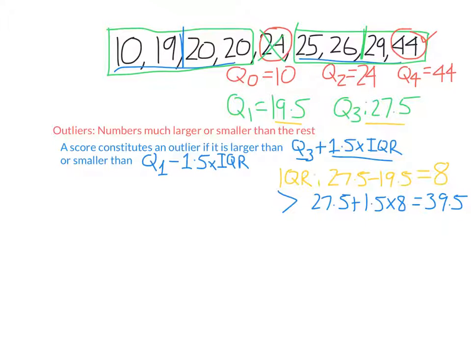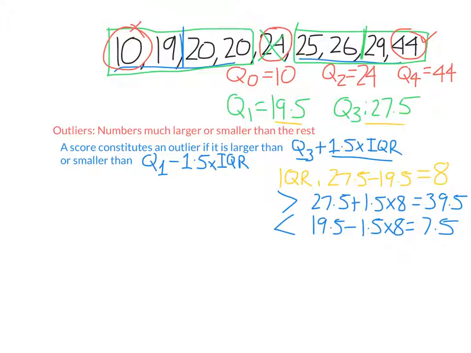A score will also constitute an outlier if it's less than Q1, which is 19.5, minus 1.5 times the interquartile range. If you put that on your calculator, it's 7.5. So the number 10 does not constitute an outlier because it's not less than 7.5.